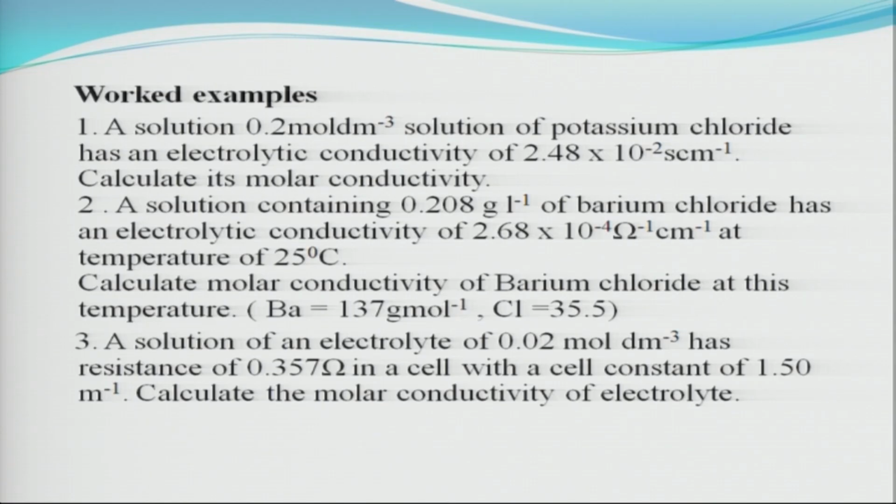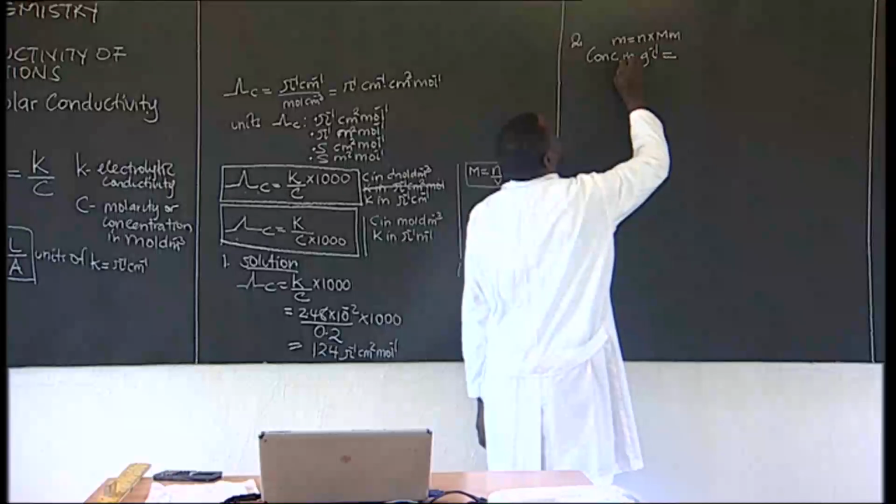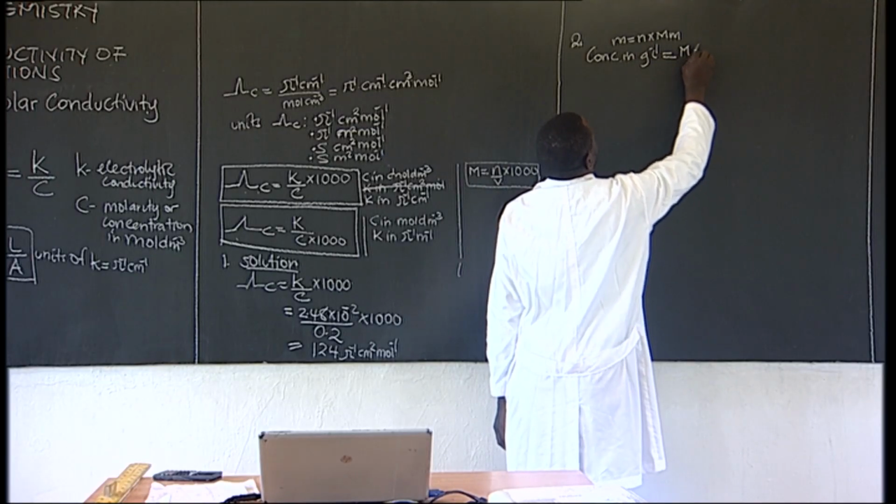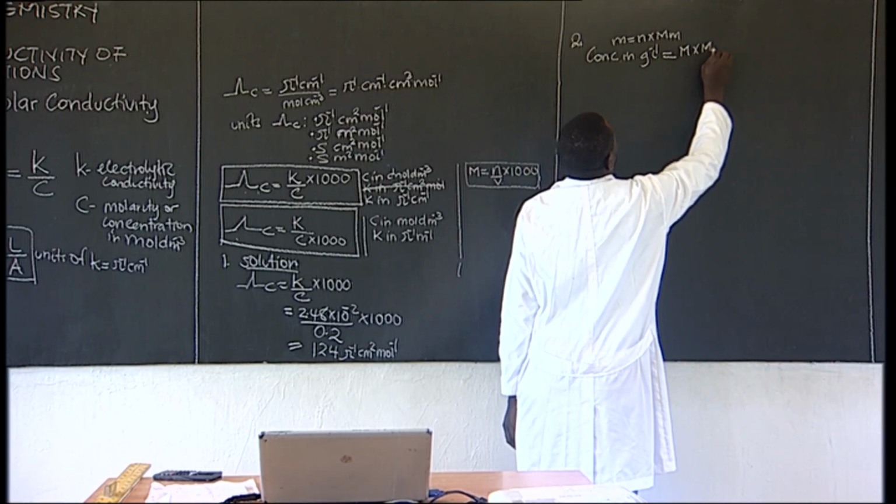Again, we are going to employ our rule, but this time they have not given us C. They have given us concentration in gram per liter. We know that our mass is equal to number of moles times molar mass. So this is our mass in 1 liter. The number of moles in 1 liter is molarity times molar mass.